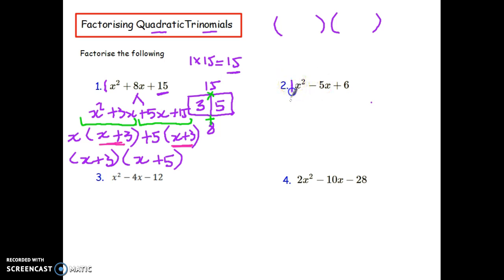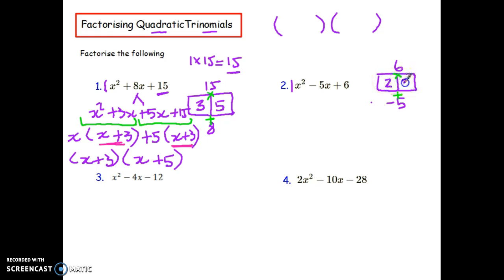Coefficient of x squared is 1. 1 times 6 is 6, so I want factors of 6 that add to minus 5. They've got to multiply to 6, they've got to add to minus 5. Now, 6 is a funny one because I could have a 1 and a 6, or I could have 2 times 3.